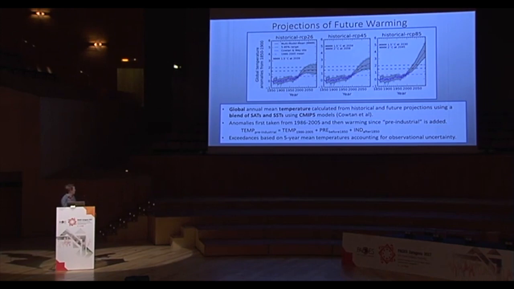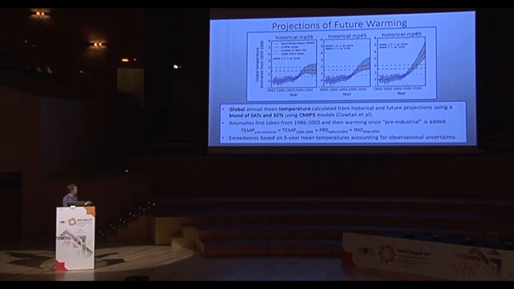We're going to break down the warming since pre-industrial into two components. This is the industrial warming, the warming after 1850, which is going to come from observations. And this is warming before 1850, which is the factor we're really interested in here.